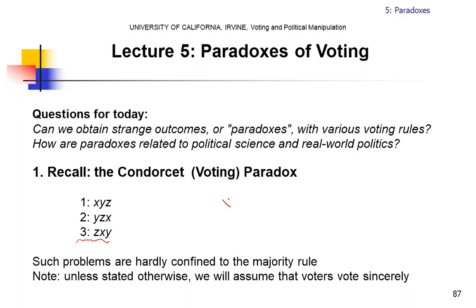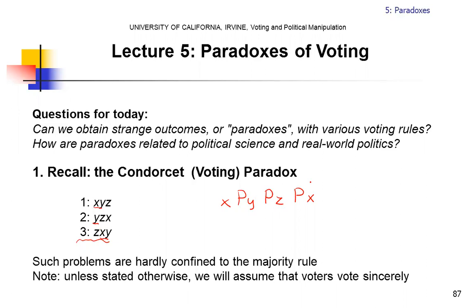We had that X is preferred to Y, because X beats Y 2 to 1, and Y is preferred to Z. But also Z is preferred to X if we calculate the number of votes in favor of Z against X. And this creates many secondary problems here.